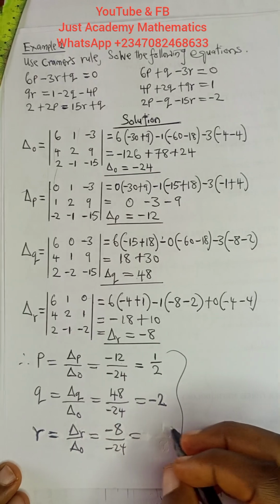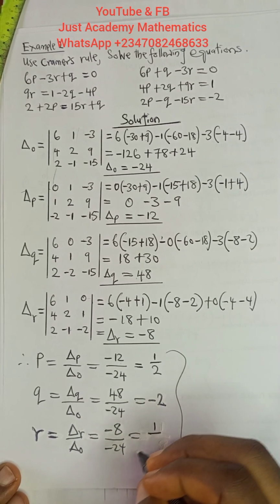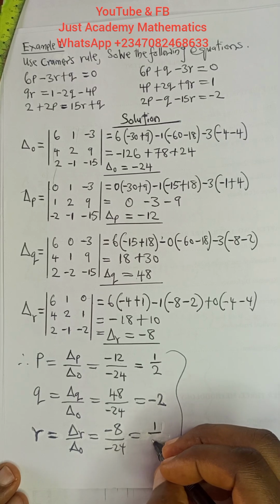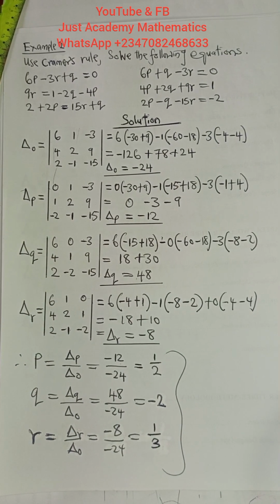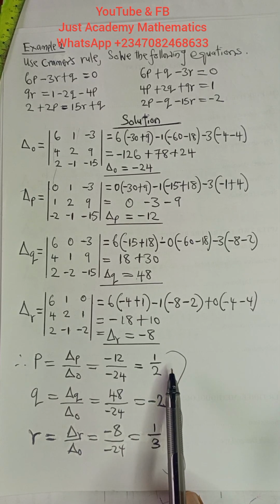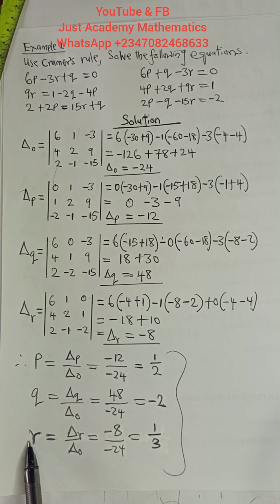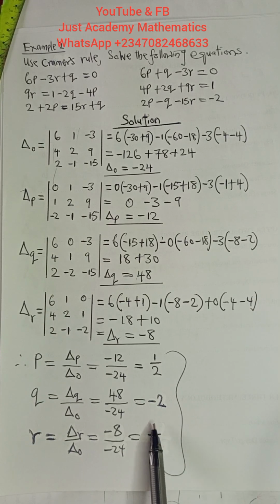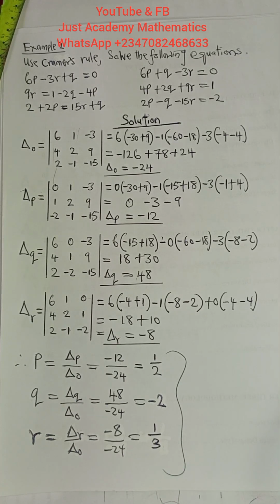So minus will cancel minus. 8 into 8 is 1, over 8 into 24 is what? 3. So in other words, we are saying that P is equal to 1 over 2, Q is equal to minus 2, and R is equal to 1 over 3. So this is the answer to this system of equations.